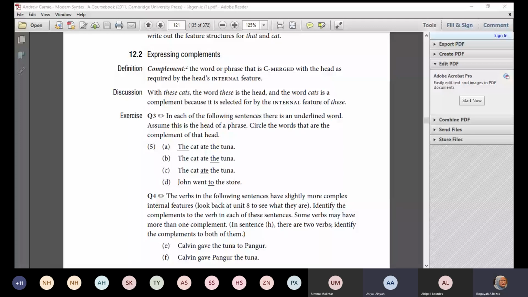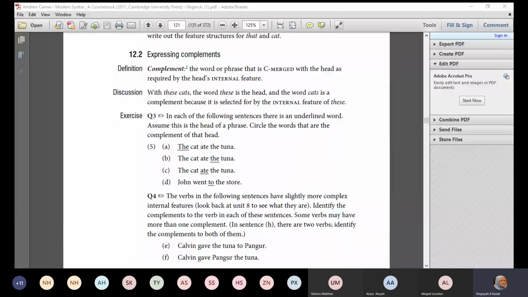Okay, now we see Atika's. Ask the time. Okay, so the time, the head is the D, and it specifies for a noun like time. The feature we will practice later.